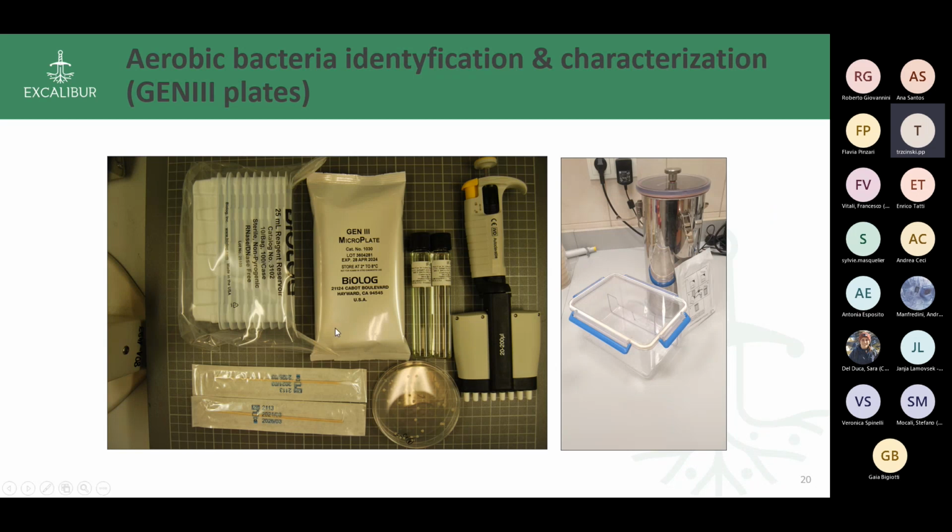Here you have everything to perform an identification or characterization of the microorganism. If you would like to change the atmosphere, you have to use an aerostat and the kits for generating the proper atmosphere.